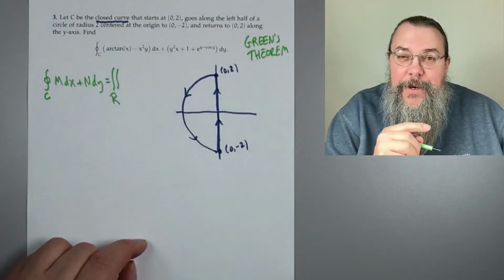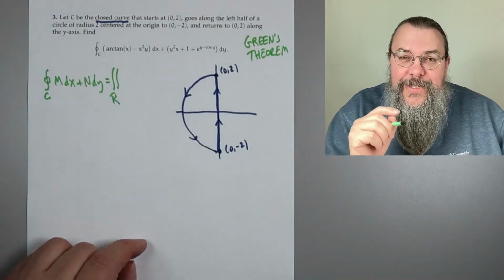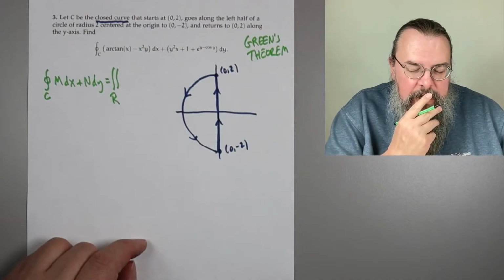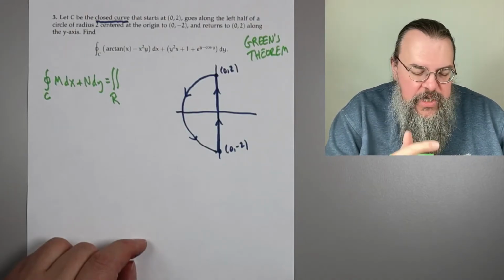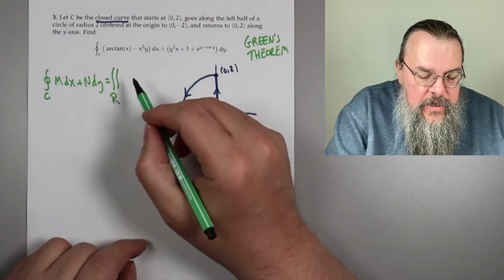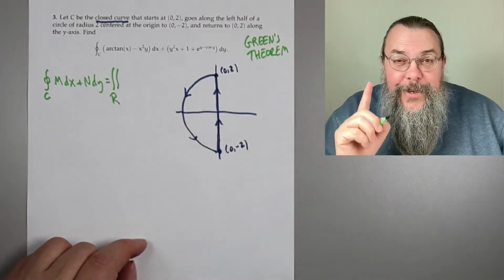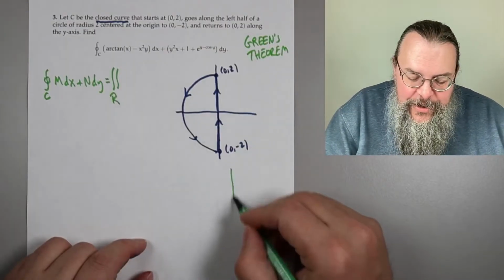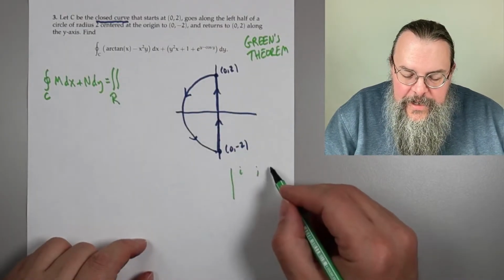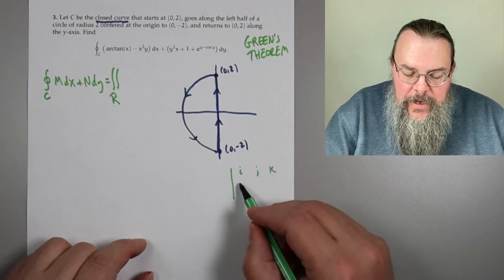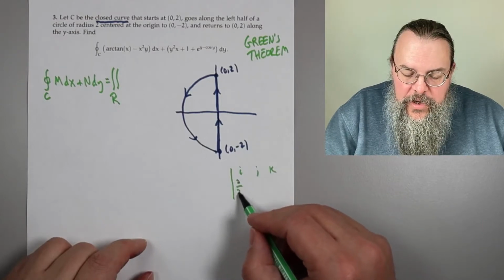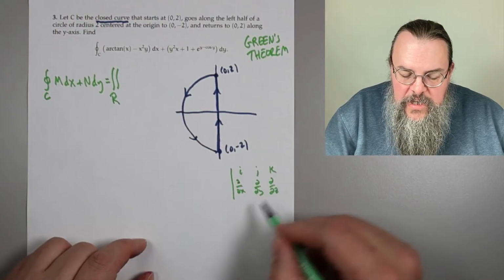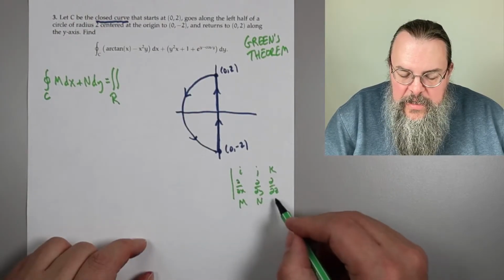and this is always the part where you have to think for just a second here. I'll tell you how I remember this. If I'm having a hard time remembering this, I come back to the curl formula. So you have i, j, k. You have your partial x, partial y, partial z. Then you have your m, n, p.